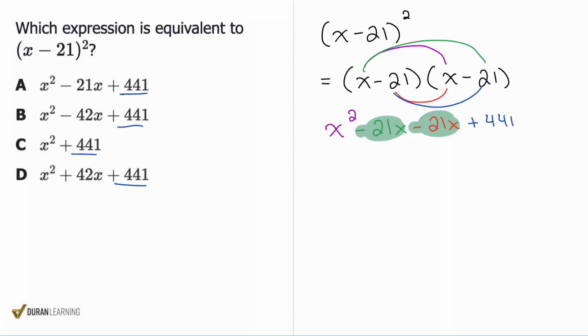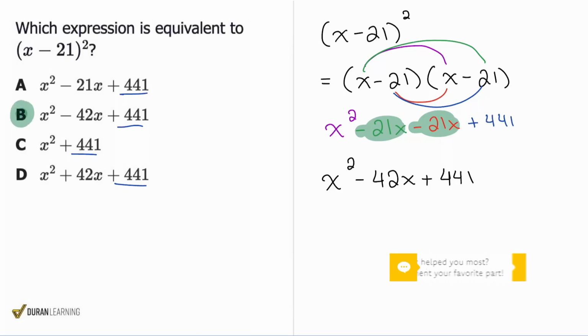If you're already at negative 21 and you subtract another 21, we're at negative 42. So we have x squared minus 42x plus 441. And that makes the correct answer here answer choice B, x squared minus 42x plus 441.